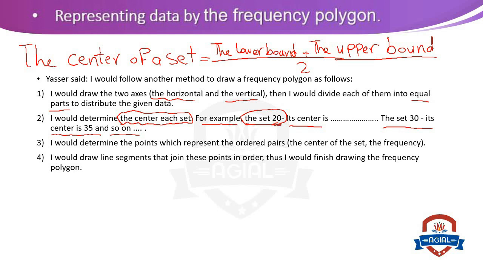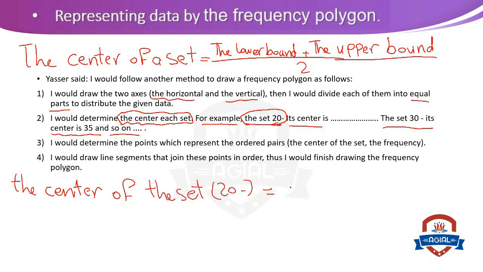the first set starts from 20 to less than 30, so its lower bound equals 20. So we can say the center of the set 20 equals 20 plus 30, all divided by 2.